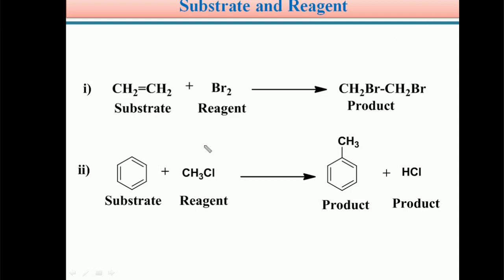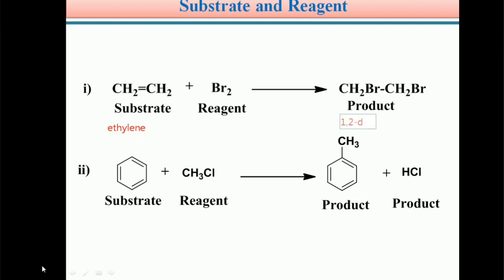Ethene or ethylene, CH2=CH2. Whenever ethene or ethylene is treated with bromine, Br2, it forms a stable product, 1,2-dibromoethane.